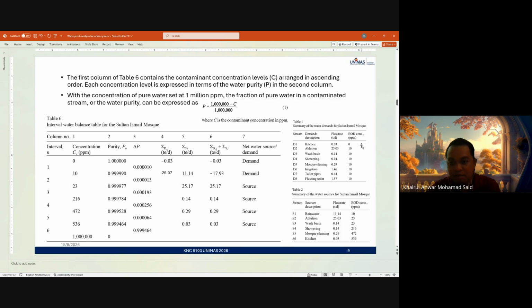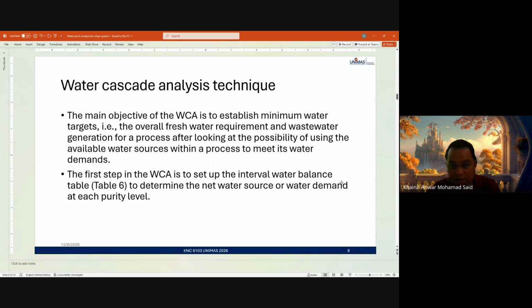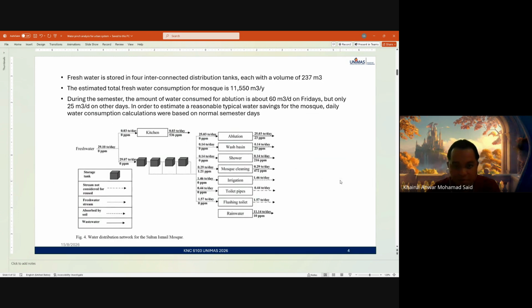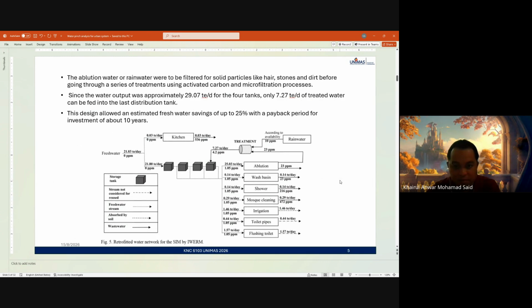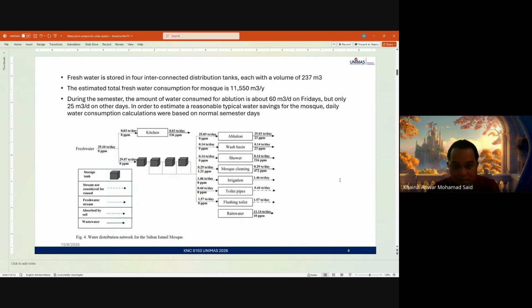So normally for water demand, this is just 10 ppm.